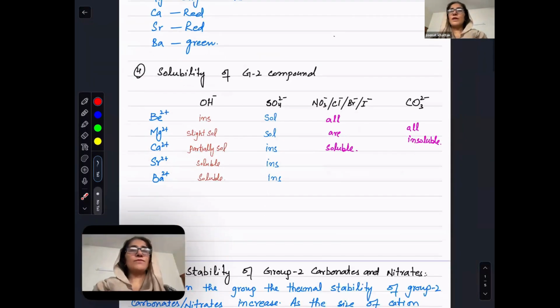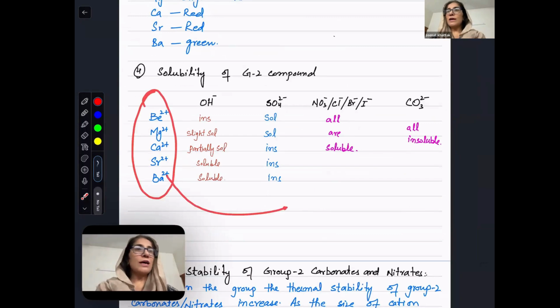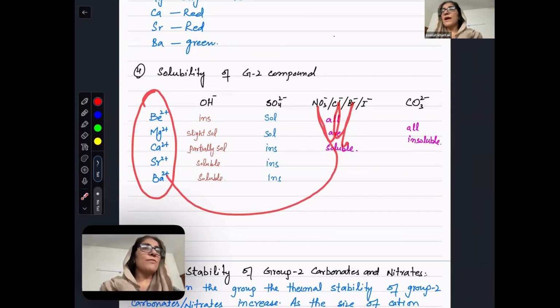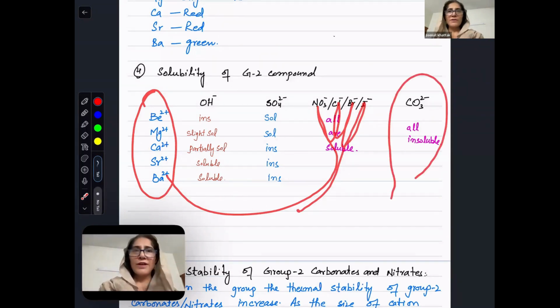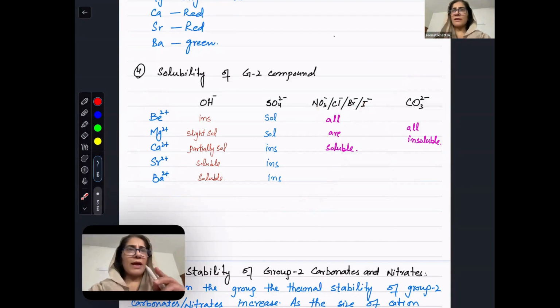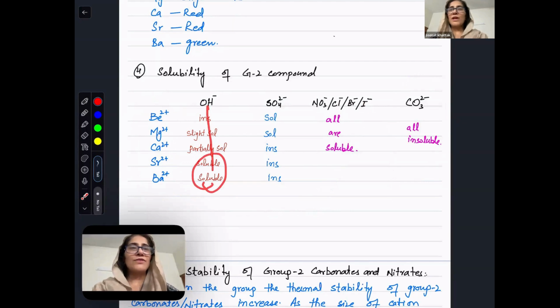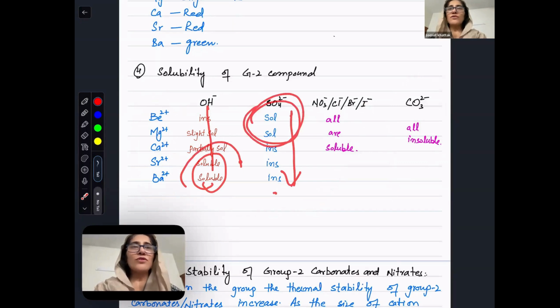You must know that all the nitrates, chlorides, bromides, iodides are soluble, but carbonates are insoluble. The hydroxides and sulfates of group 2 are opposite. For hydroxides, the lower ones are more soluble. For sulfates, the lower ones are less soluble, the upper ones are more soluble.